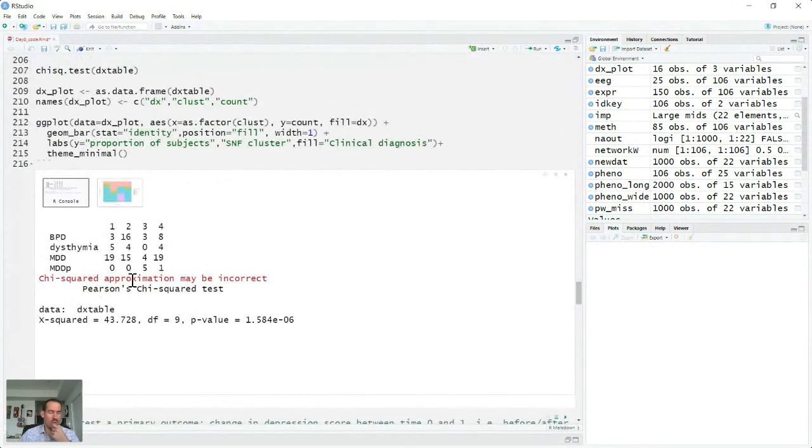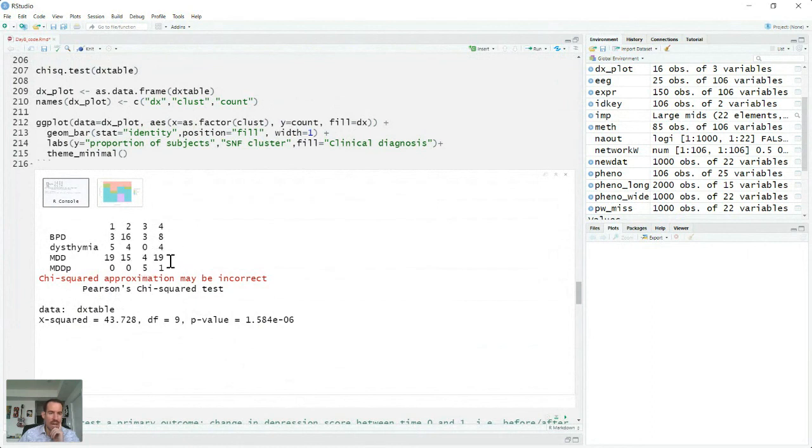So this is showing the 4 cluster solution, which is nice because our data set has 4 different clinical diagnoses: bipolar disorder, dysthymia, major depressive disorder, and major depressive disorder with psychotic features. And now we have our 4 subtypes that we've identified with biological information. Looking at it, can we see any patterns?